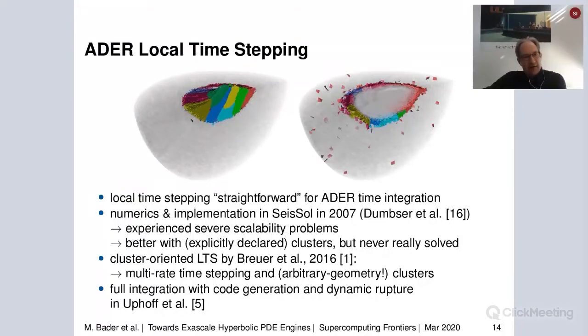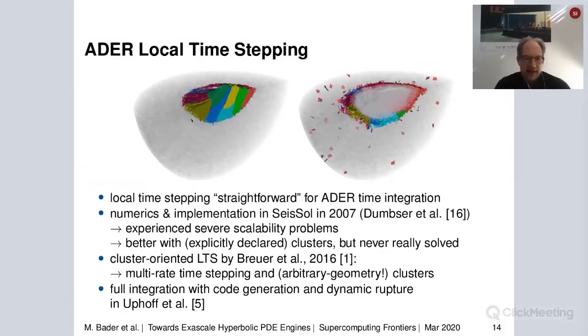One of the big other algorithmic optimizations that we did in the last years was local time stepping. So the ADER time integration basically allows an element local time step. Elements can be advanced individually, based on their neighbors having already reached a similarly advanced time step.